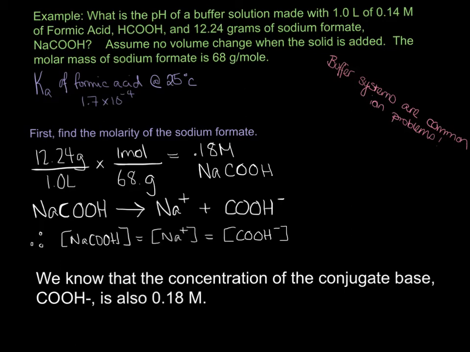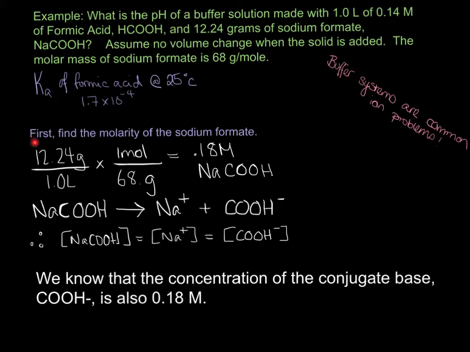And in this system, we also have sodium formate, NaCOOH, and in both of these, you find the COOH minus ion, and that's the common ion that they have. Remember, buffer systems are just applications of a common ion problem. Now, I was kind here, and I already calculated the molar mass that we're going to need, and the Ka value, I looked that up, and at 25 degrees, it's 1.7 times 10 to the negative 4.